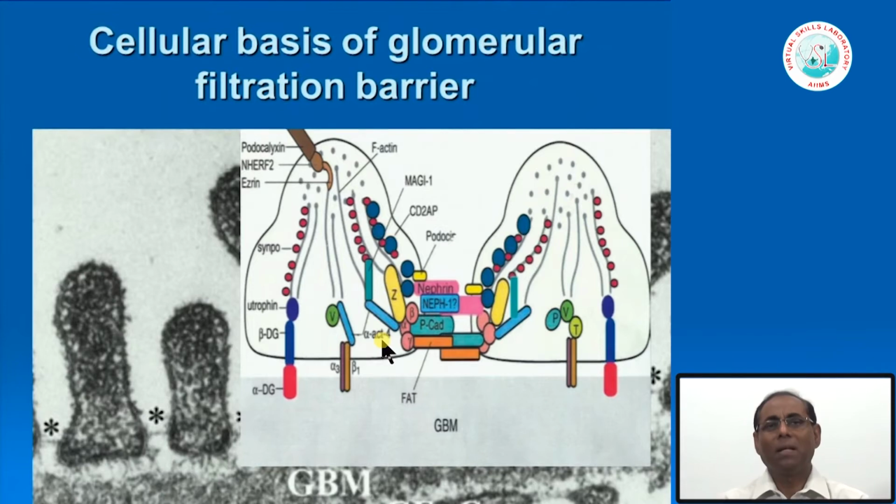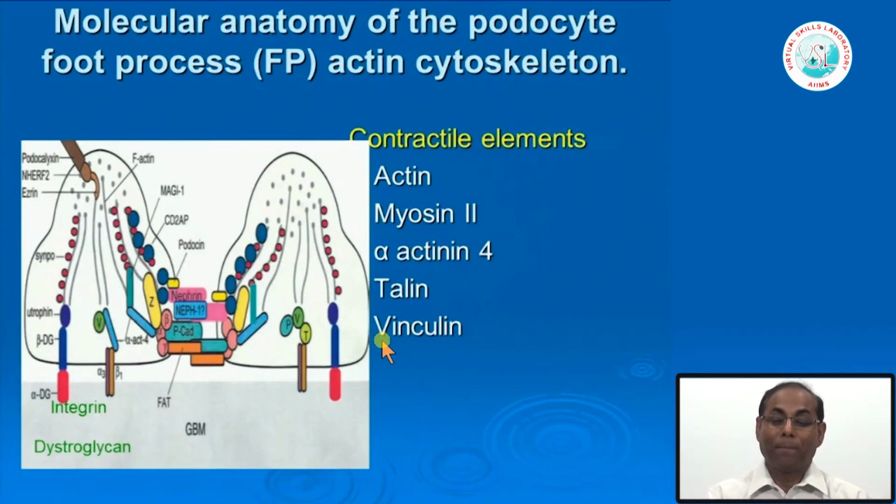So I think broadly we can try to remember initially that these molecules are in these two broad classes: structural molecules for contractile function and the molecules which are important for maintaining the slit pore. So the contractile elements are the actin. Actin, I think all of you know, is a very widely distributed microfilament, actin filament.